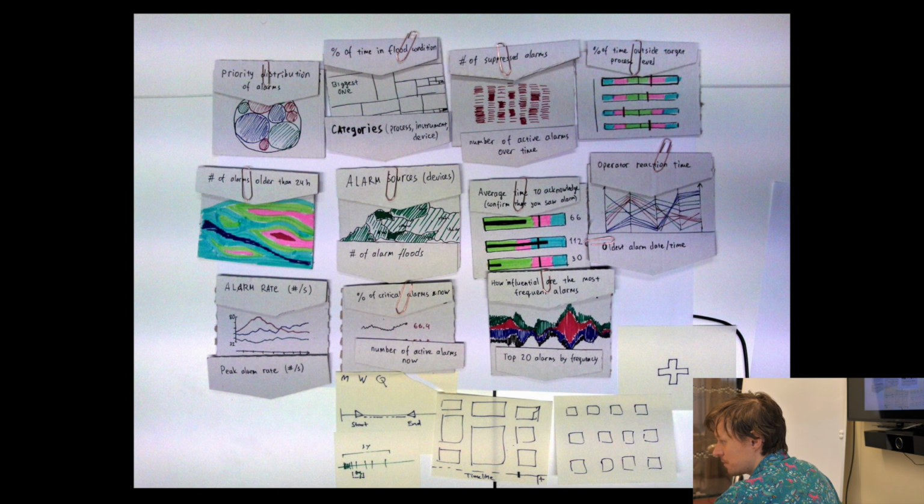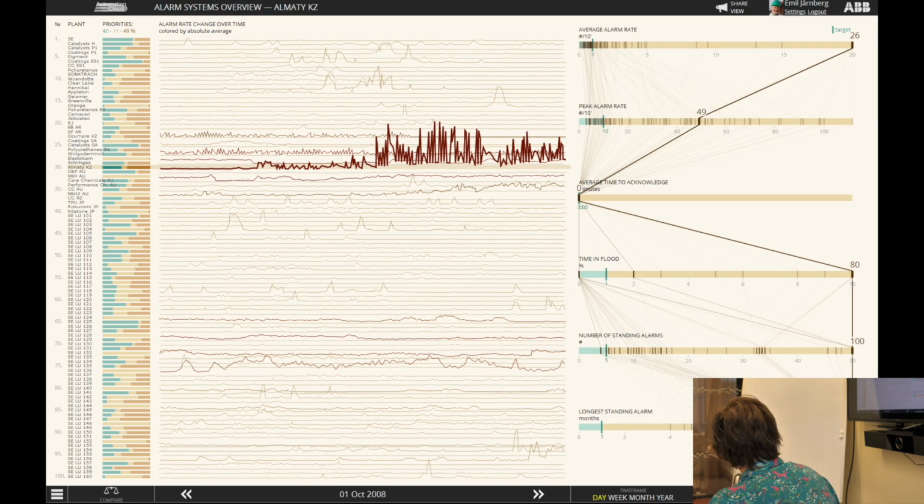This is how parts of it looked like. So I was exploring data visualizations for alarm monitoring in oil platforms, of all things. And this is the result of my thesis as a single picture.